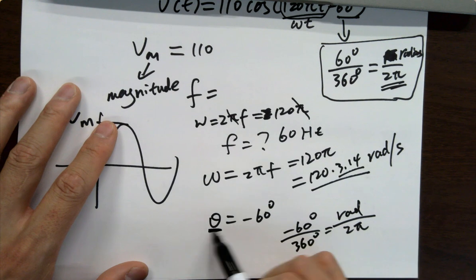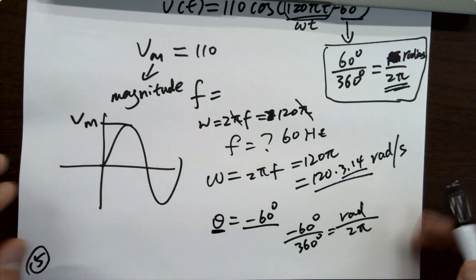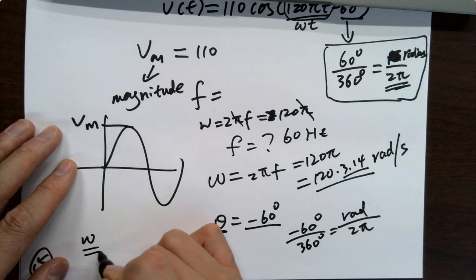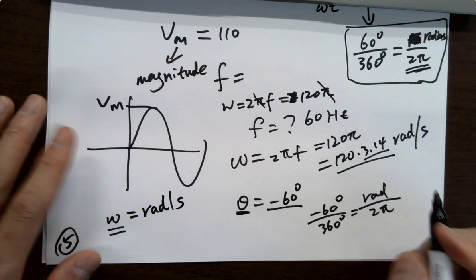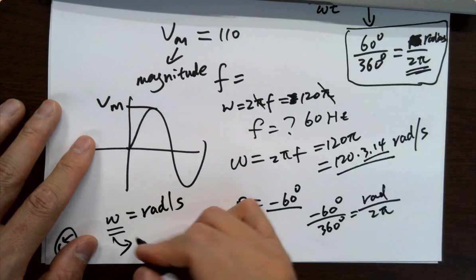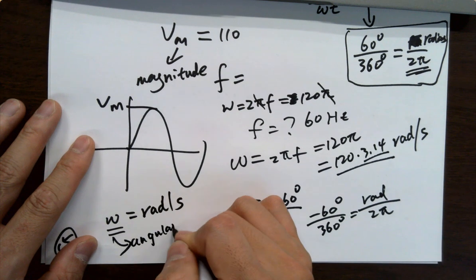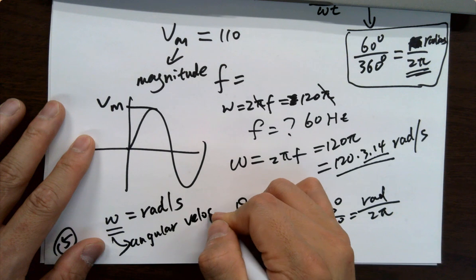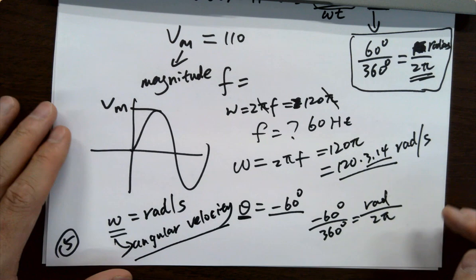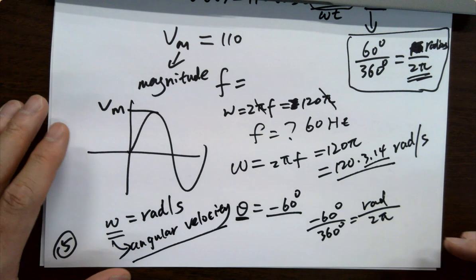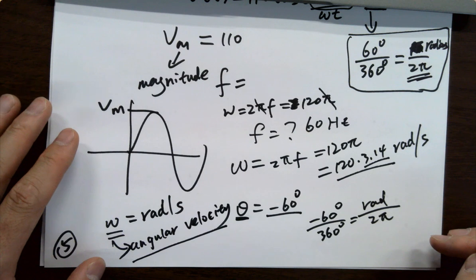So if I ask you in degrees, this is a degree. So what's the name of the omega here? Because we know the unit is radians per second. It's called angular what? Velocity. Or angular frequency sometimes as well.